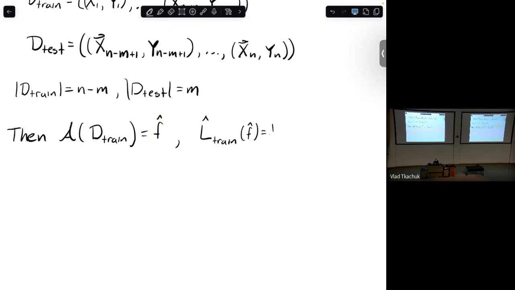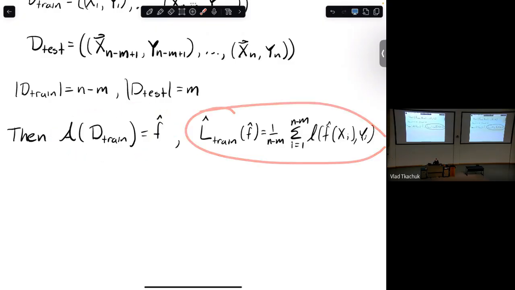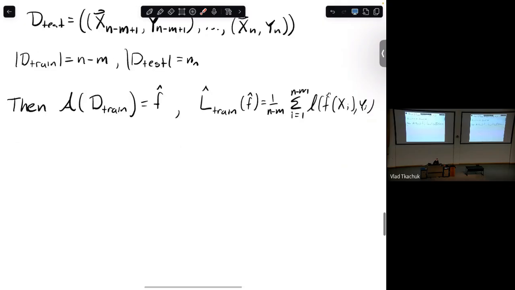It's just like before, but now it's not 1 over n, it's 1 over n minus m. And it's from i equals 1 till n minus m of L of f hat of xi, yi. So everything's the same.